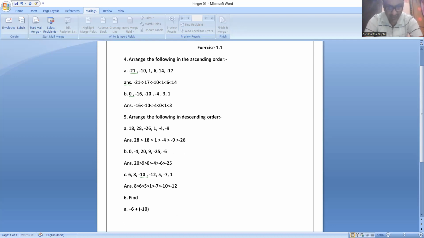So my dear student, you know that 6 is positive and 10 is negative, so the two have different signs. When the signs are different, we have to subtract. So we subtract 6 from 10, and you will get 4, my dear students. The answer is 4. But this is not a complete answer, because we need to decide the sign of the number as well. You know that 6 is positive and 10 is negative.